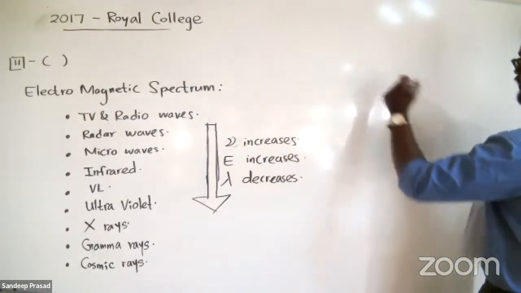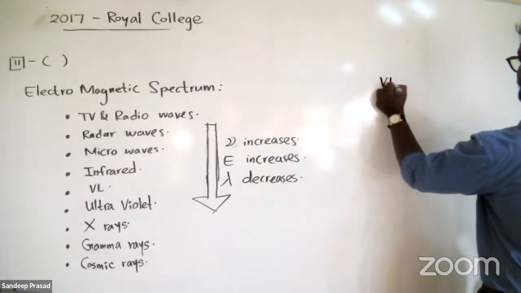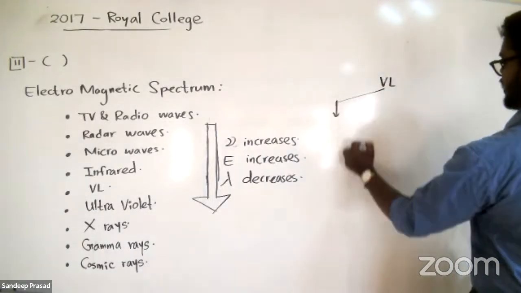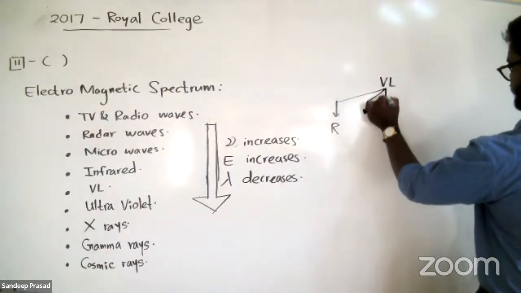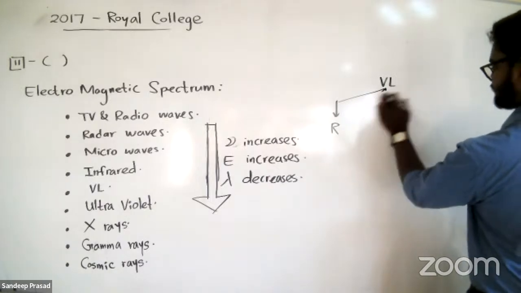Okay. Second one, wavelength of violet color in the visible region is longer than the wavelength of green color. What are the colors of the visible light region? Starting from red, there are 7 colors, rainbow colors. Can you remember?